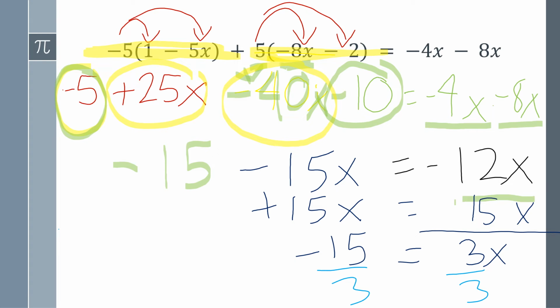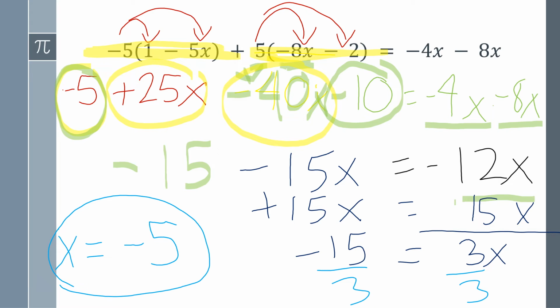So x equals negative 15 divided by a positive 3 is a negative 5. And that's it. That is how you solve that complex problem. All right. So let's move on.